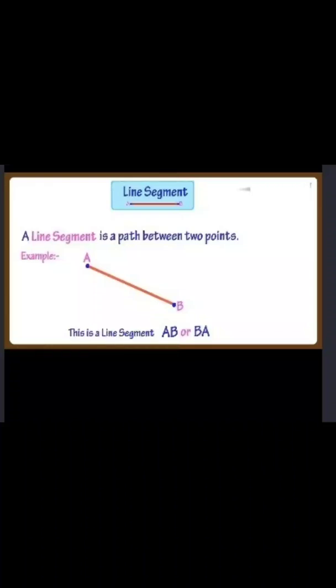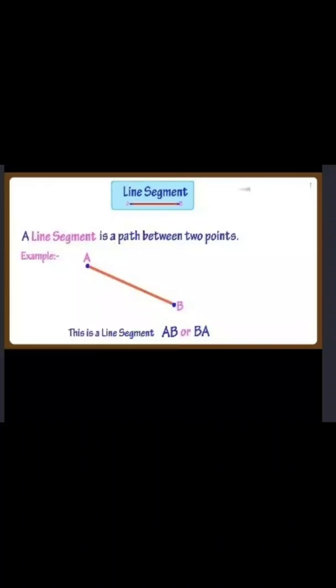For example, consider 2 points A and B at some distance from each other. When the 2 points are joined along a straight path, we get a line segment AB. This line segment between 2 fixed points A and B is written as AB or BA.